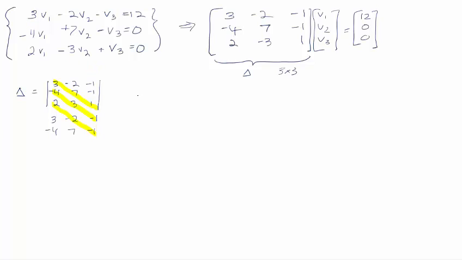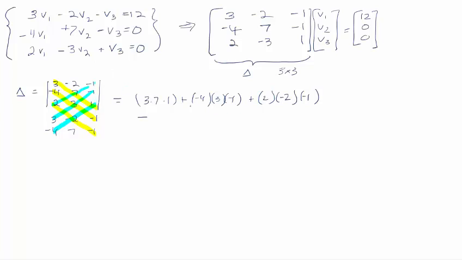So this equals 3 times 7 times 1 plus minus 4 times 3 times minus 1 plus 2 times minus 2 times minus 1, and then minus, go in the other direction here, you're going to be minusing this diagonal product, and the product of that diagonal.